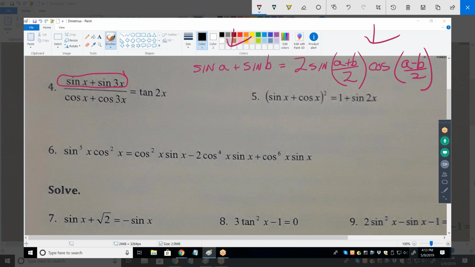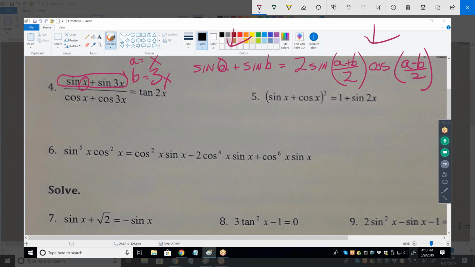So, what's A and B? A is x. In other words, that's an angle. What's B? 3x.